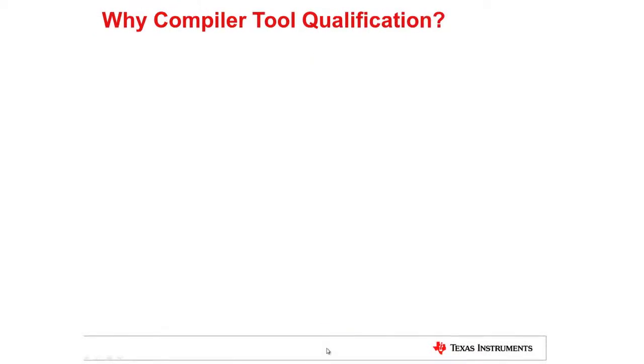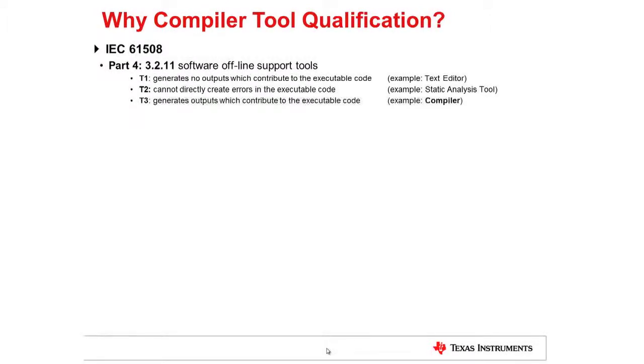Okay, let's start by talking about why we need to qualify the compiler in the first place. Part 4 of the IEC 61508 Functional Safety Standard defines software offline support tools and classifies them depending on impact. A T1 tool has essentially no impact on the executable code, such as a text editor.